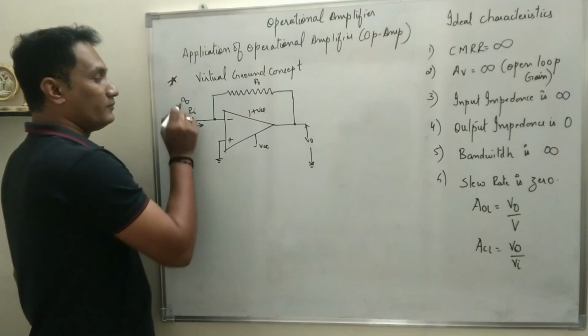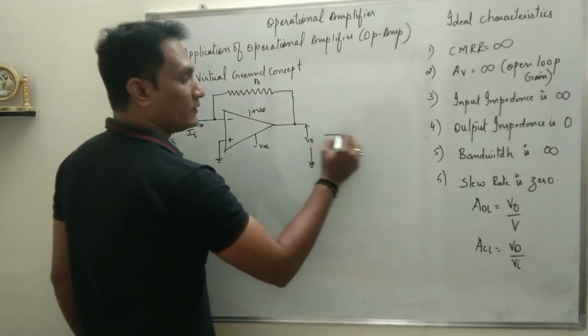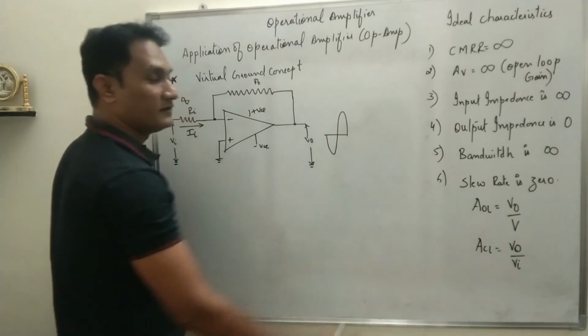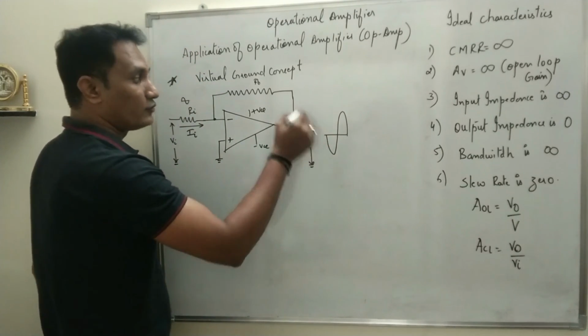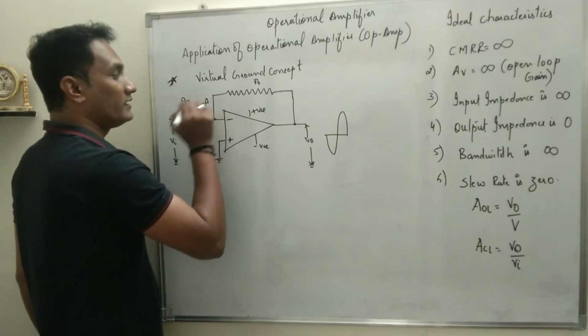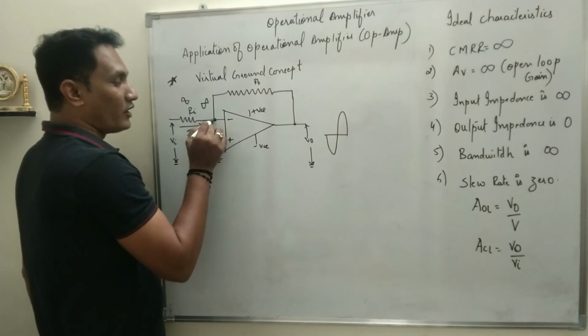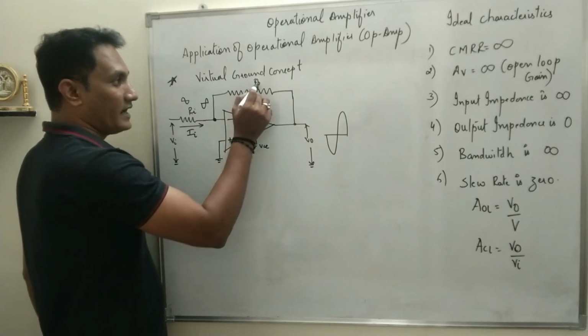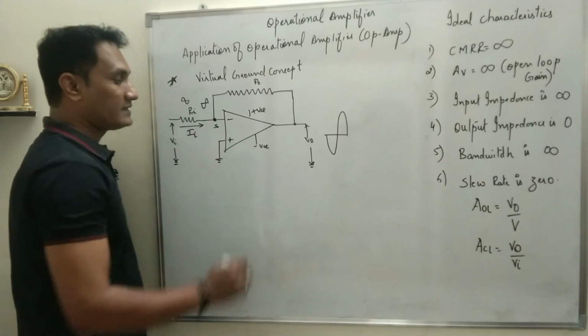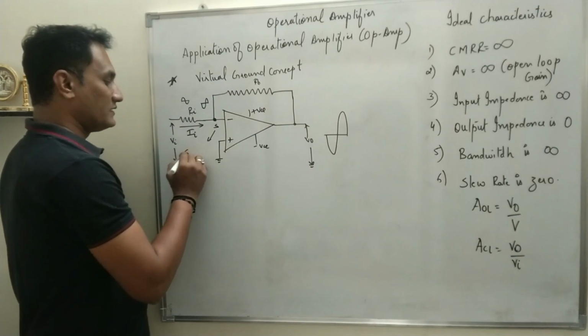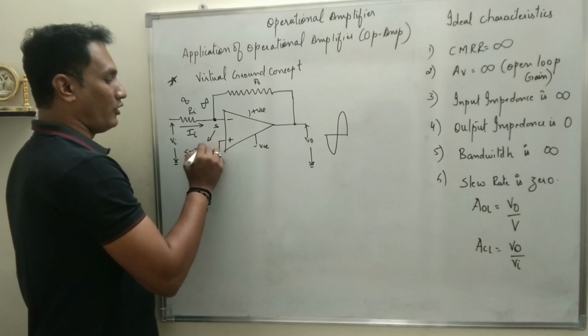Now when the input is like this, the output will have a 180-degree phase shift, and some part of the output is connected back to the input here. The junction point of RI and RF, let this point be called S, and we specify this as the summing point.